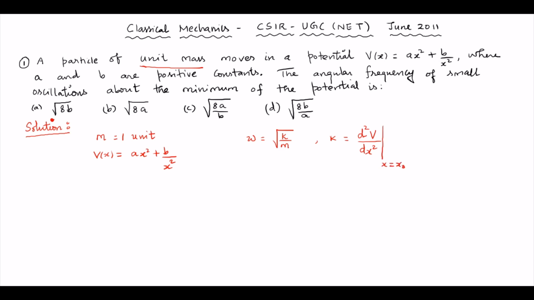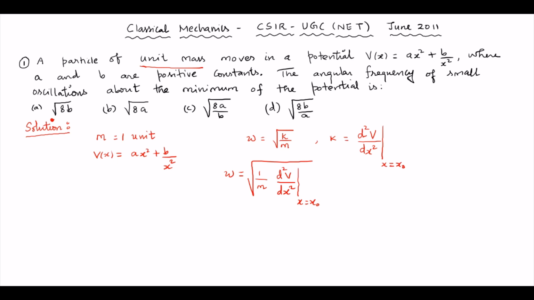So the formula becomes omega equal to square root of 1 by m d square V by dx square at x equal to x naught. This we have to calculate.